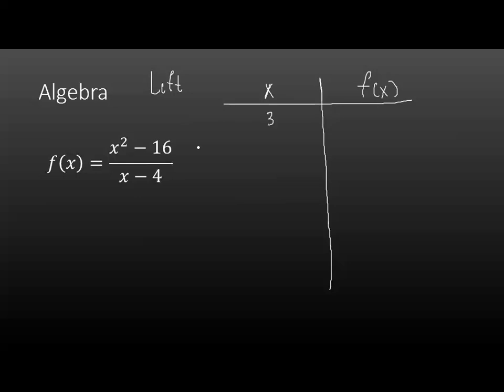Well, let's try 3. Substitute 3 in this function. Let's use our calculator. So we have 3 squared minus 16 all over 3 minus 4. We have 7 as the answer. Well, how about 3.9? Because it's close to 4, right?